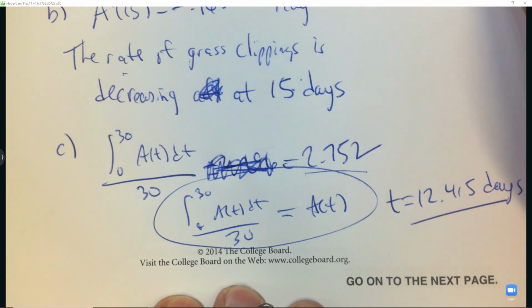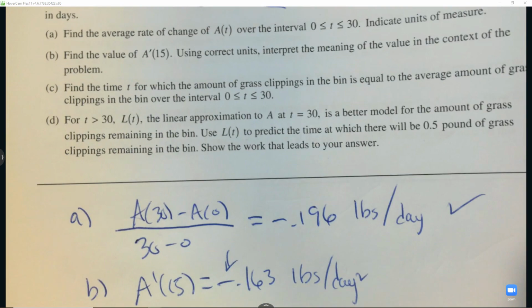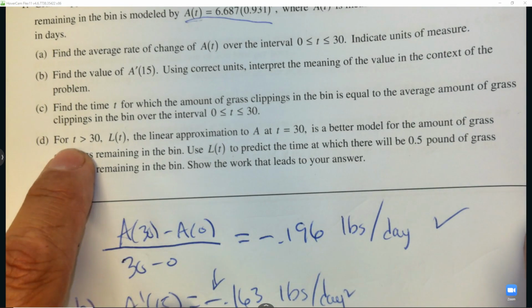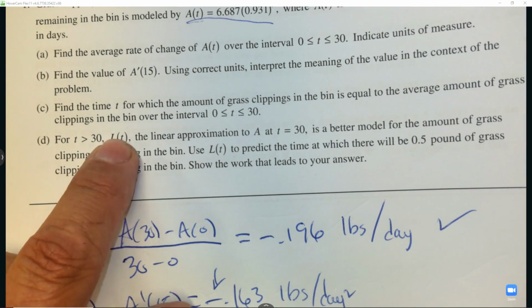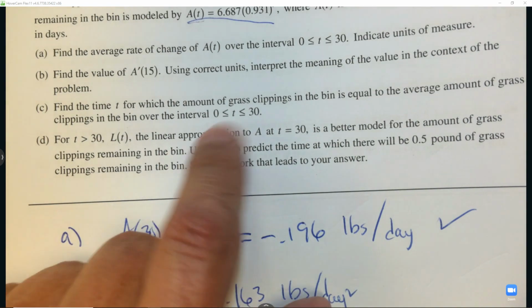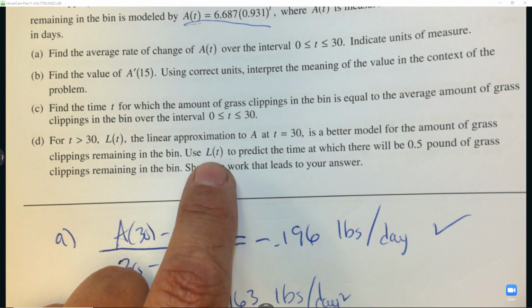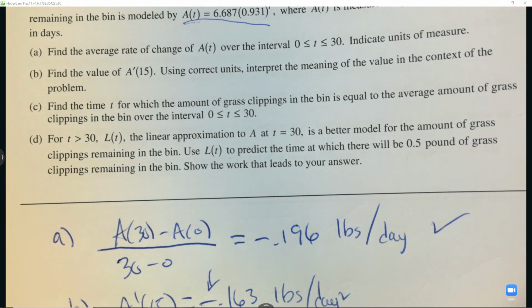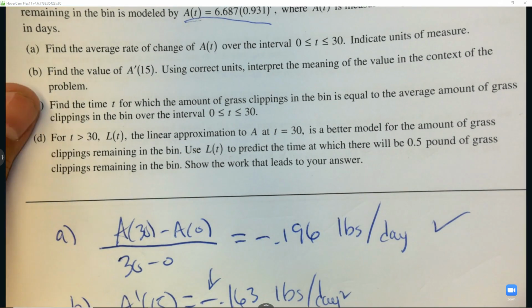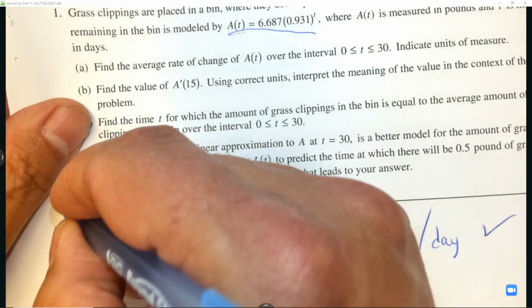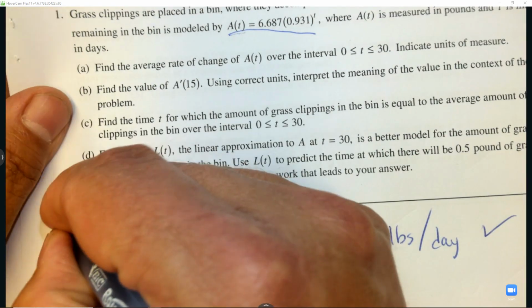Part D, I'm still within my 15 minutes. When t is greater than 30, L, the linear approximation at 30, is a better model for the amount of grass. Use that to predict. So do you remember how to do a tangent approximation? In order to do that, we need 3 values. We need to know what t equals.